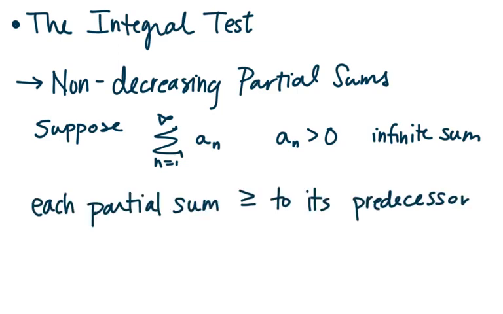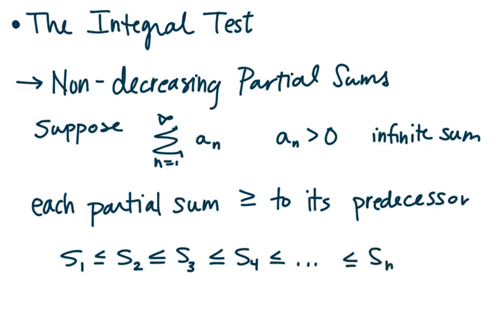What I mean by that is the sum of one term is less than or equal to the sum of two terms, and then the sum of three terms would be greater than both of those. The sum of four terms would be greater than both of those, all the way up to some sum of n terms. And we could even say the sum of n plus 1. So this can continue going on.